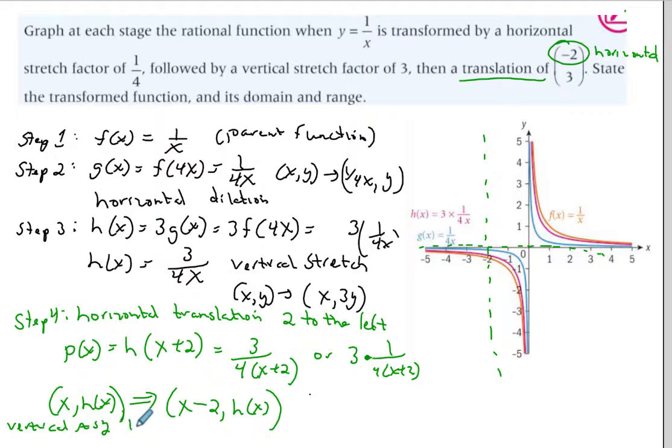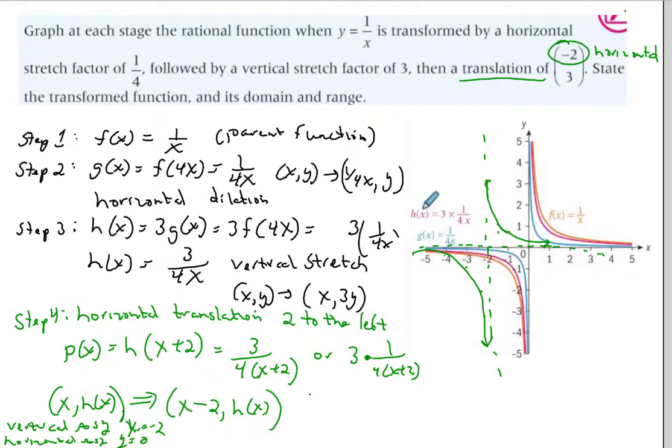Notice my vertical asymptote, which was at 0, is now at -2. But my horizontal asymptote stays the same at y equals 0. Then I'm going to move every single point exactly 2 to the left, and that transforms my graph into this green graph.